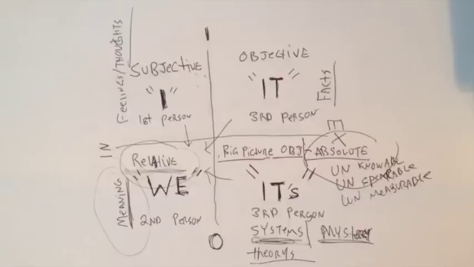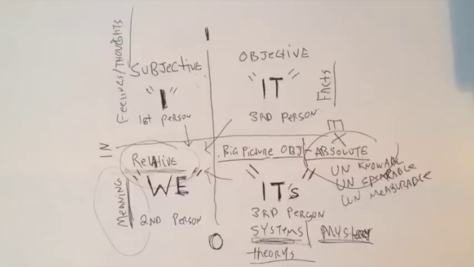Are we speaking about our personal opinions and feelings? Are we talking about what's agreed upon within a culture? When we're speaking about truth, what kind of truth are we talking about?